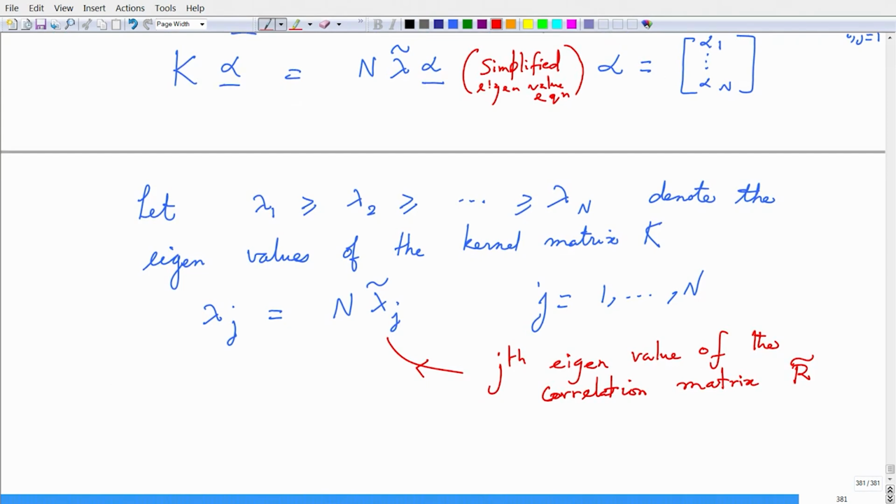Then, setting up like this, I can write the simplified eigenvalue equation.